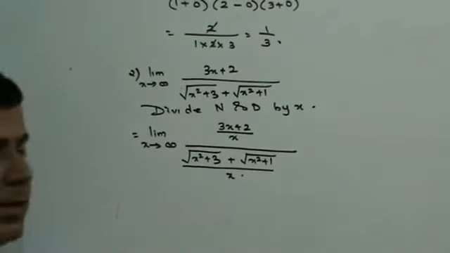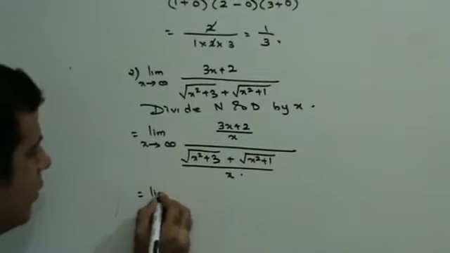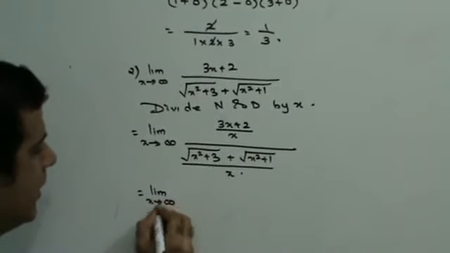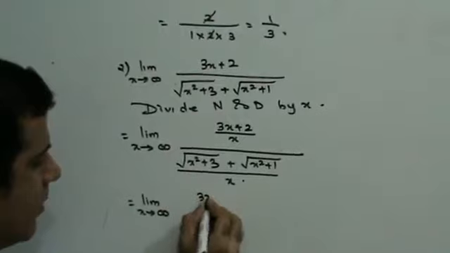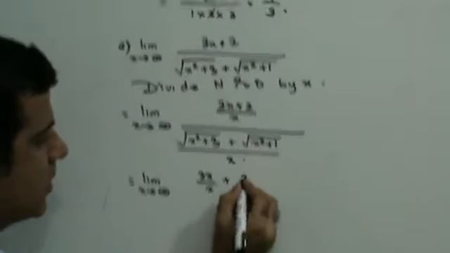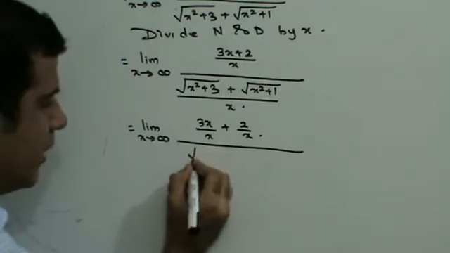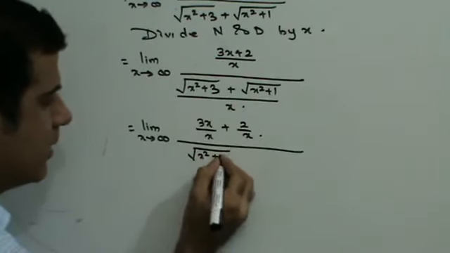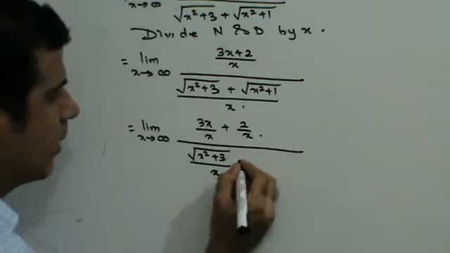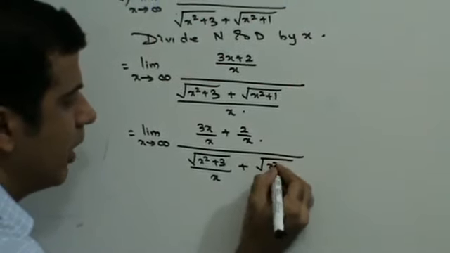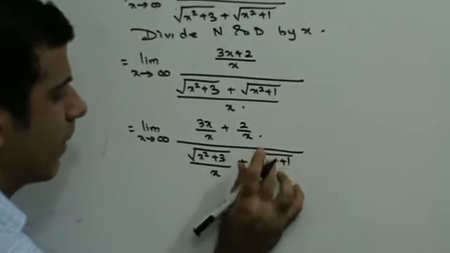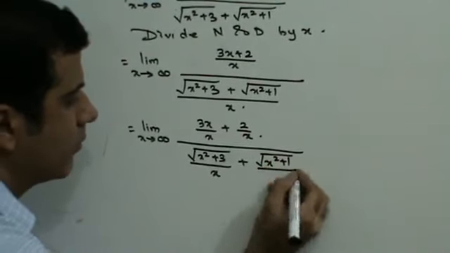This is 3x upon x plus 2 upon x, upon root of x square plus 3 upon x plus root of x square plus 1 upon x.